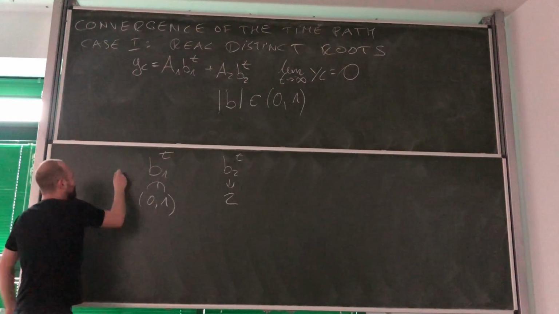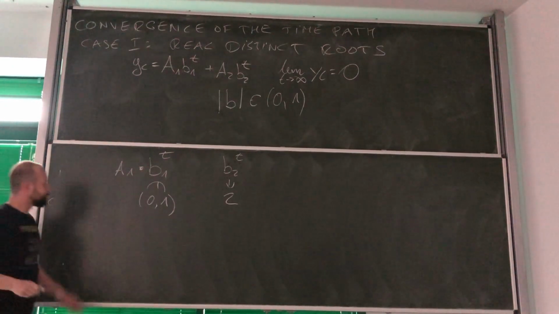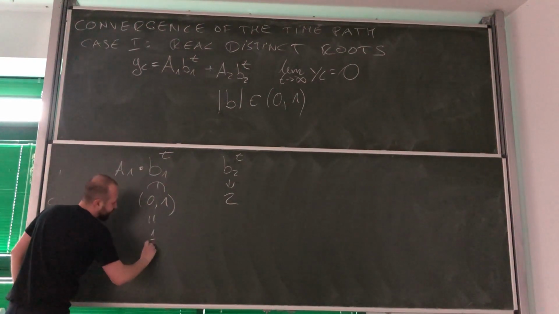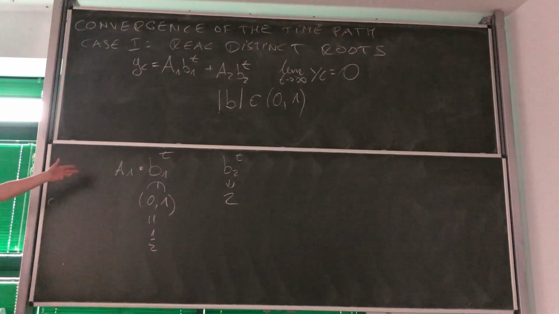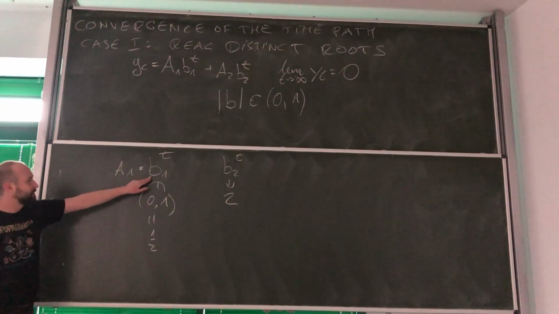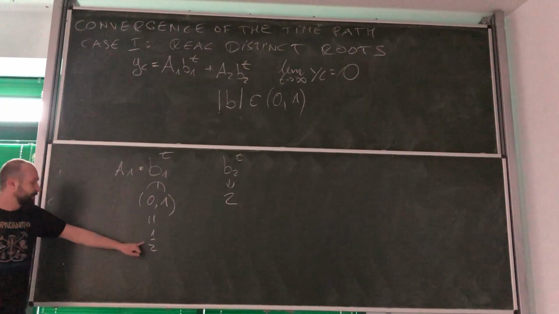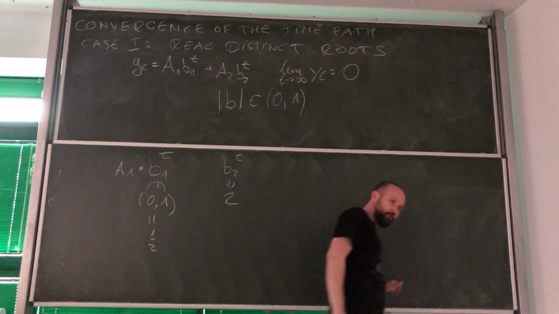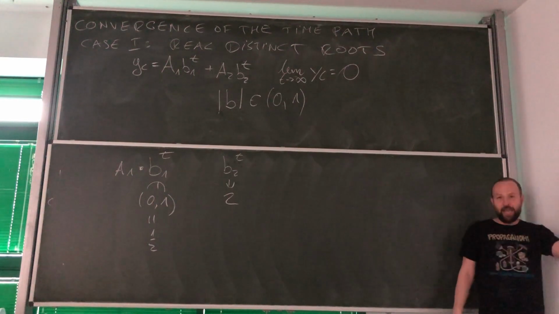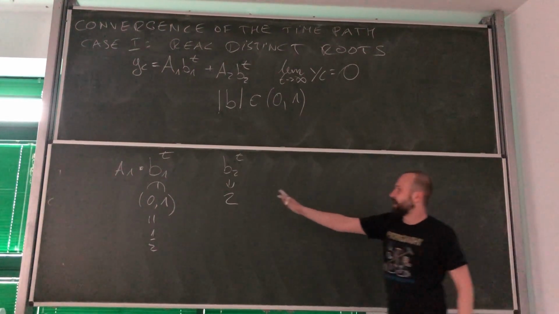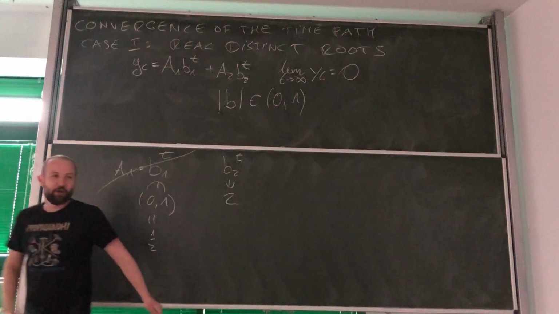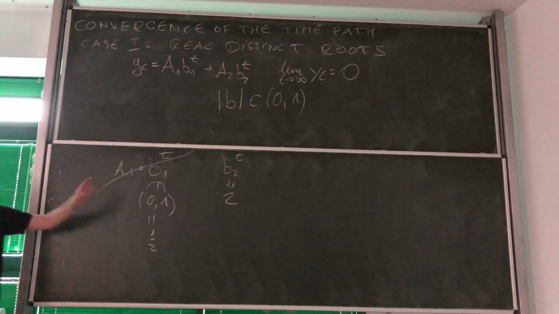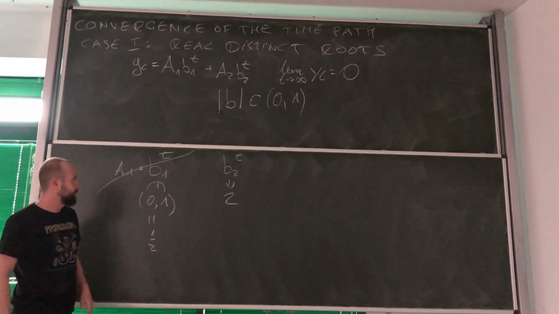Of course, look, here we will have a part that with time is going to die out. Let's just say that this is 1 over 2. What does it mean? Our first root is going to produce, with increasing t, 1 over 4, 1 over 8, 1 over 16, 1 over 32, 1 over 64, 1 over 128, and so forth. This part is going to be dying out to 0. However, what about this part?